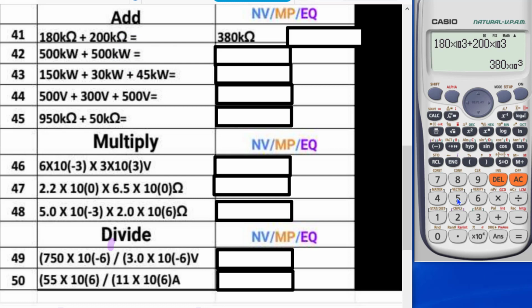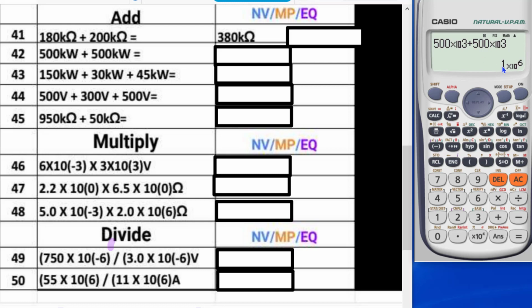Looking at my calculator, I'm going to go 500 times 10 to the third plus 500 times 10 to the third. It equals, and when I hit engineering, it actually shows me that it's going to take that number up to 1 mega, because 1,000 kilowatts would have been too big of a coefficient number.